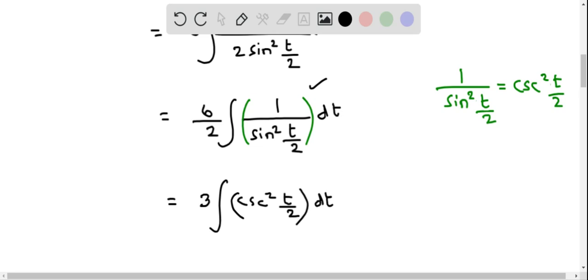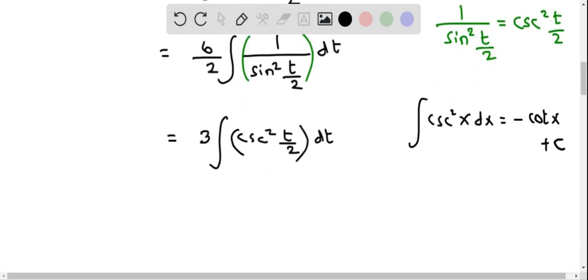And now we use the standard integration formula to integrate this expression, cosecant squared t by 2. That is, according to the formula, the integral of cosecant squared x dx equals negative cotangent x plus the integration constant c. So when we use this formula, we can write this as 3 times the integral of cosecant squared t by 2.